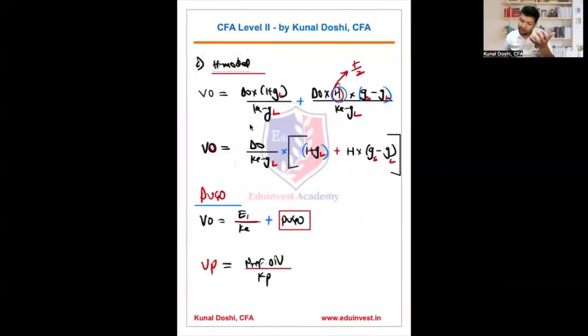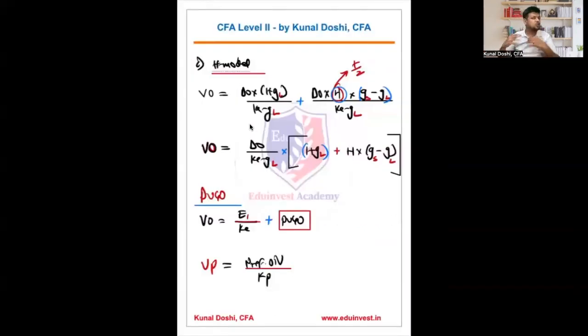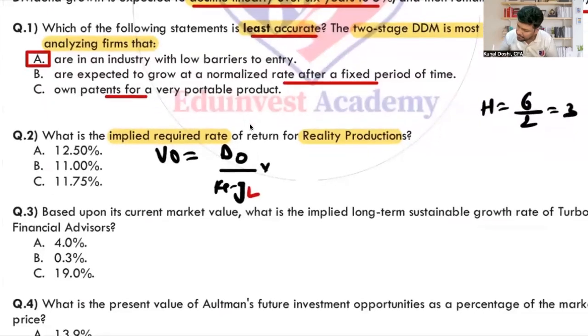You can use the cost of equity, KE, divided by the long-term growth, and in the bracket you can combine, so you can use the bigger formula also. Then we use D0 into H, which is T over 2. But D0 over cost of equity minus growth is common, so all we have to use is this.